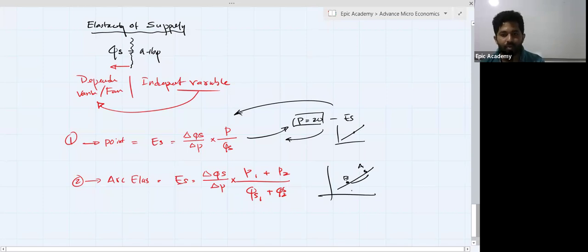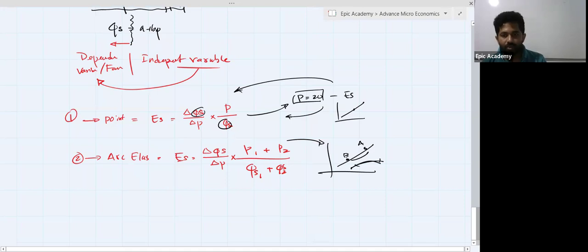Sometimes the supply curve is not a straight line. It is not practical, but those are the methods you can use. Arc elasticity is similar to demand elasticity. Only one change: QS. Other things are similar.